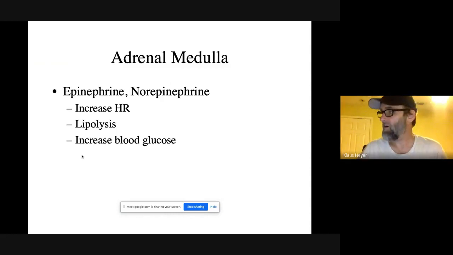Because it's adrenaline. It's your fight or flight response. It's a sympathetic response, right? Sympathetic is fight or flight. So there's a bear chasing you. What do you want to do? Run, or try to fight it out with the bear.